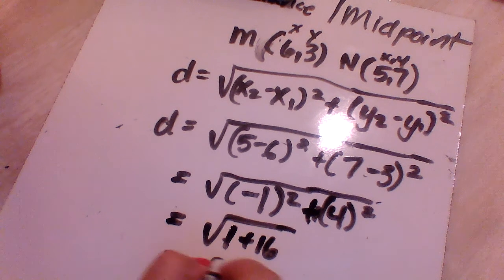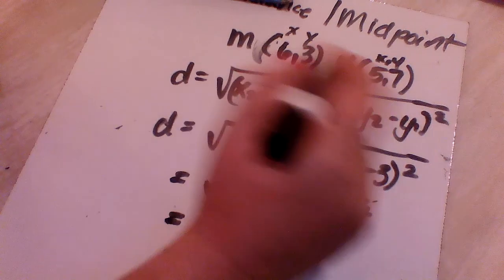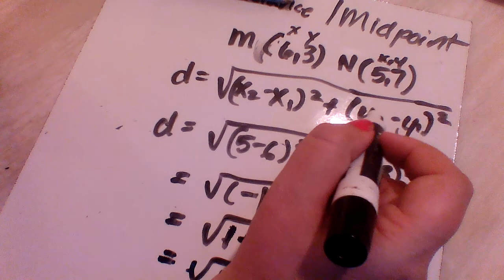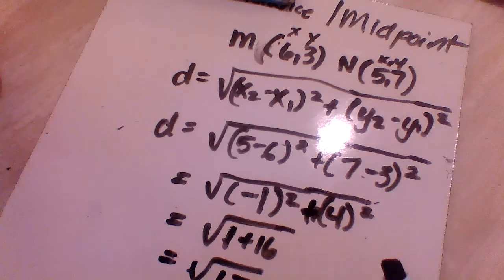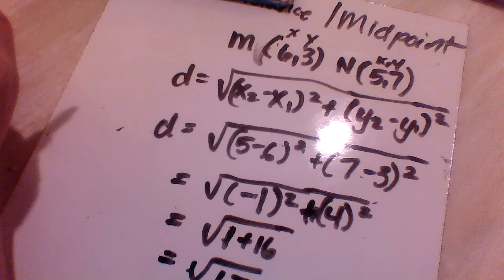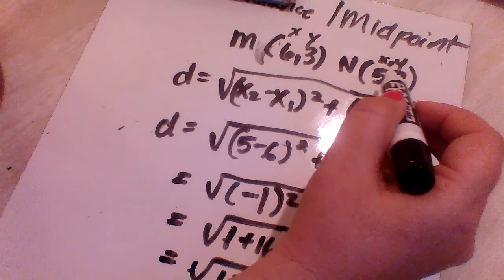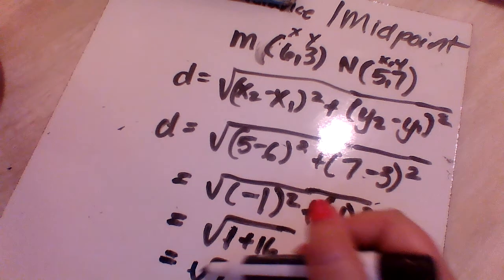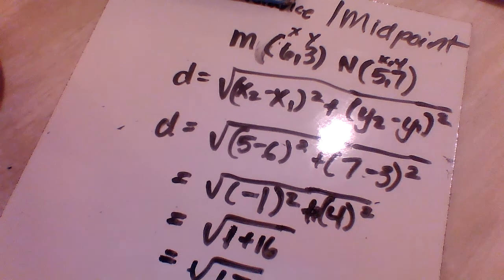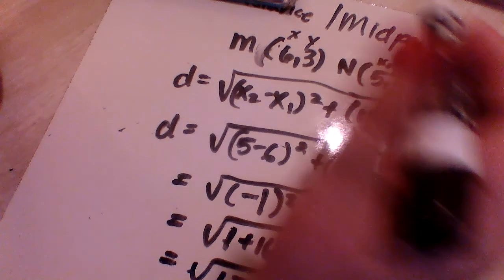And that is going to give us the square root of 17. So we took these 2 points, applied the distance formula, and came up with our answer of the square root of 17. That means the distance between the points M and N is approximately the square root of 17 units. Okay?